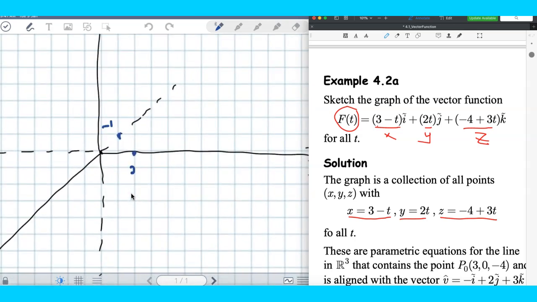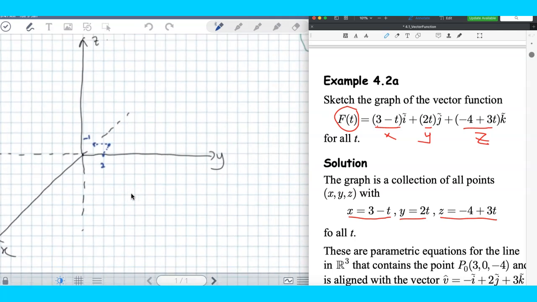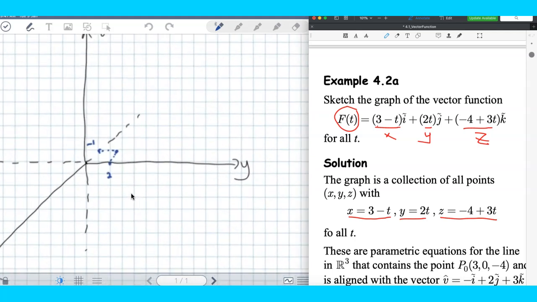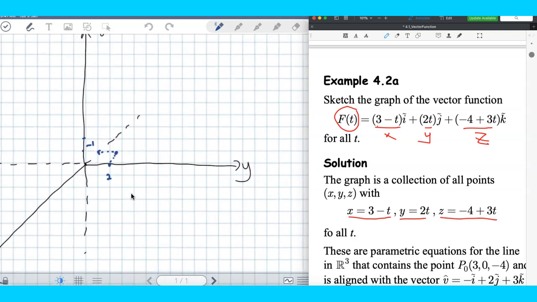Minus 1, and this is 2. Okay, that is on 2D. And then z is 3. 1, 2, 3. So that is the vector. Now that is the negative 1, 2, and this one is 3. So now we have to label the vector. So that is the vector v.